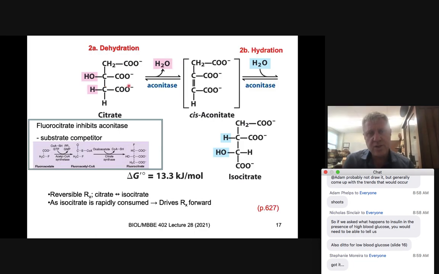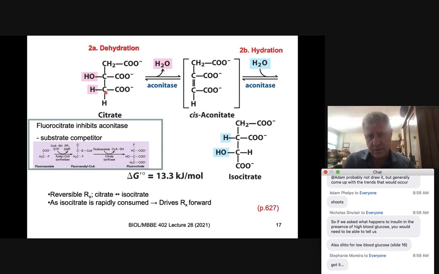So the dehydration reaction gives us the cis-aconitate, and then the rehydration gives us the capacity to rearrange and swap these over. So again, hydration comes in and allows us to produce the isocitrate with the hydroxyl position here, and the hydrogen there in comparison to the citrate.